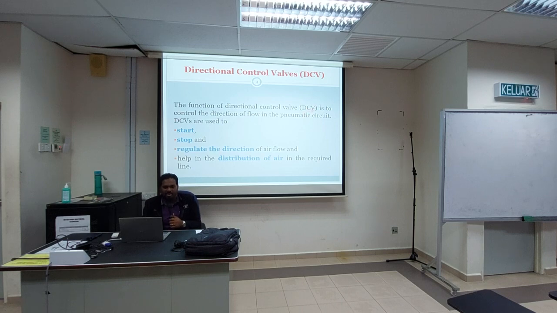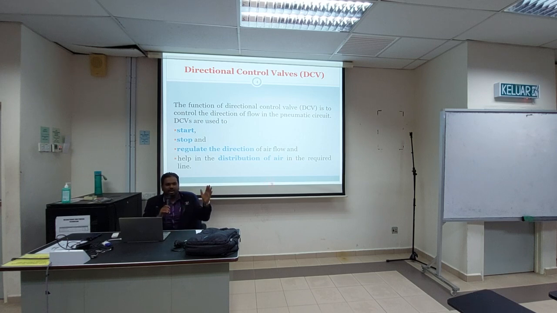Sometimes at an earlier stage I will still say direction control valve, but after some time I will start to use the acronym and just say DCV. So you need to know that it is a directional control valve. The function is to control the direction of the flow. You want to start, stop, or regulate the direction of the airflow, and you want to help in the distribution of the compressed air in the required line.